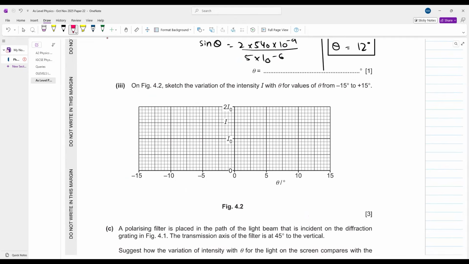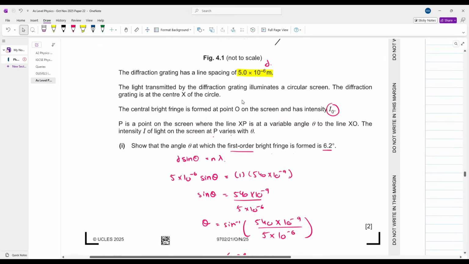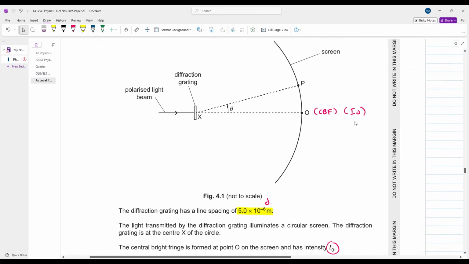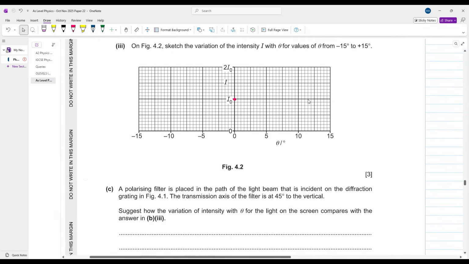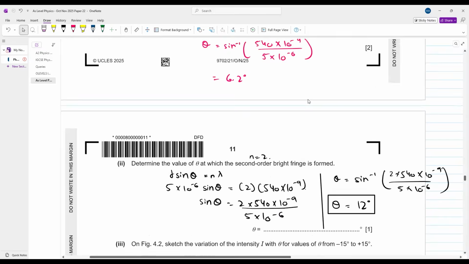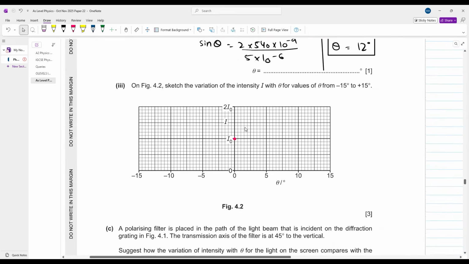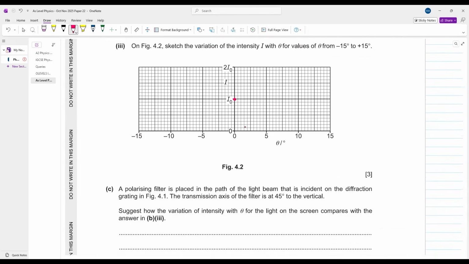positive 15. हमेशा याद रखो, when your angle theta is 0, that is at the central bright fringe, you will have the maximum intensity, okay? Then at the angle of 6.2, है ना? 6.2 पे आपका first bright fringe है.